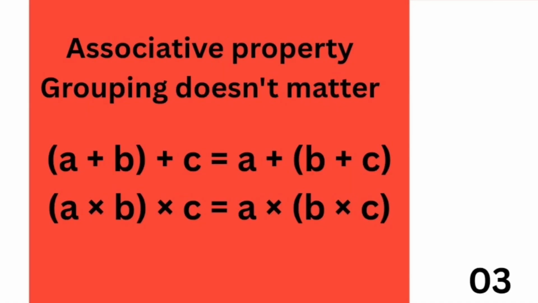Associative property, grouping doesn't matter. A plus B inside the bracket plus C is equal to A plus inside the bracket B plus C. A times B inside the bracket times C is equal to A times inside the bracket B times C. Distributive property, multiplication distributes over addition.